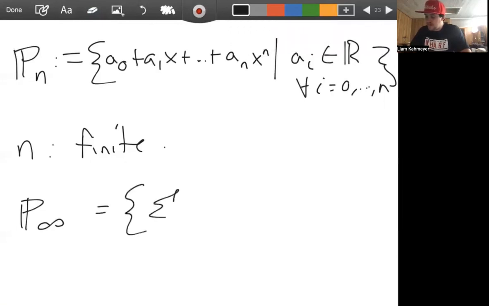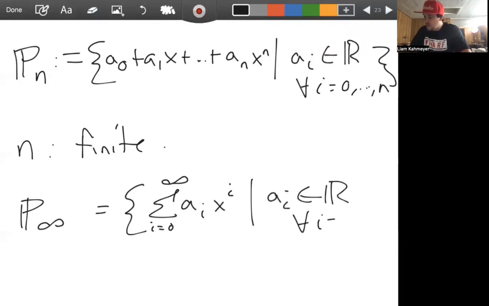This is going to be the set of infinite series, where i goes from 0 to infinity, of a_i x to the i, such that a_i is an element of the reals for all i, from 0, 1, all the way to infinity.